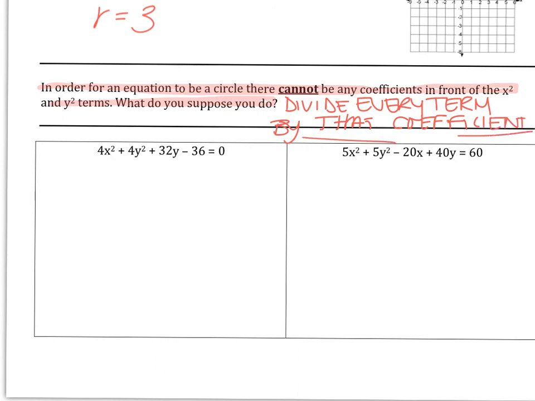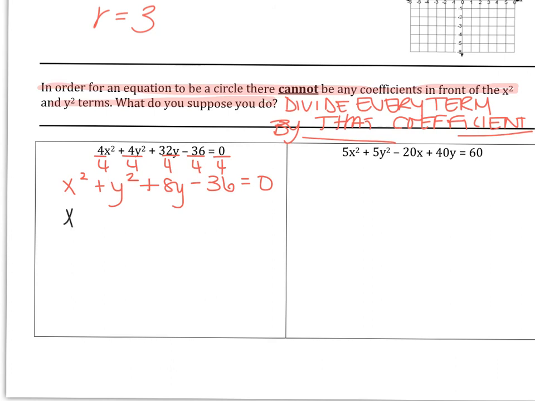So if I look at this first example, I see that x squared has a 4 and y squared has a 4 as a coefficient. So I'm going to divide every single term by 4. So now I'm left with x squared plus y squared plus 8y minus 36 equals 0. Now I'm good to go to put it in standard form.